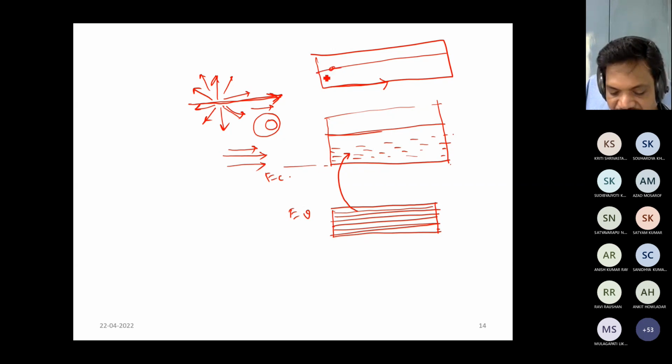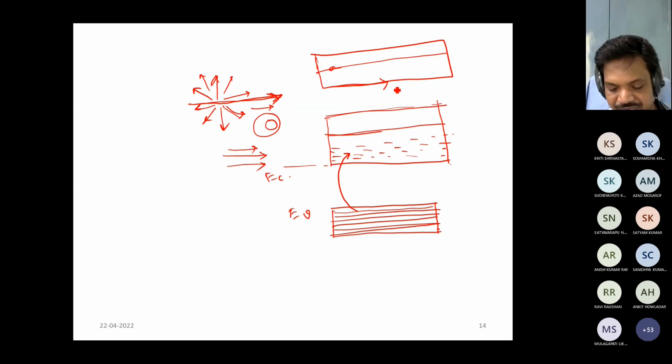If it is allowable, allowable means there are also forbidden energy states or energy bands. Forbidden means the electrons cannot occupy them at all. Already we know that. Some of the energy bands are allowed, and at those energy bands the electron can occupy.